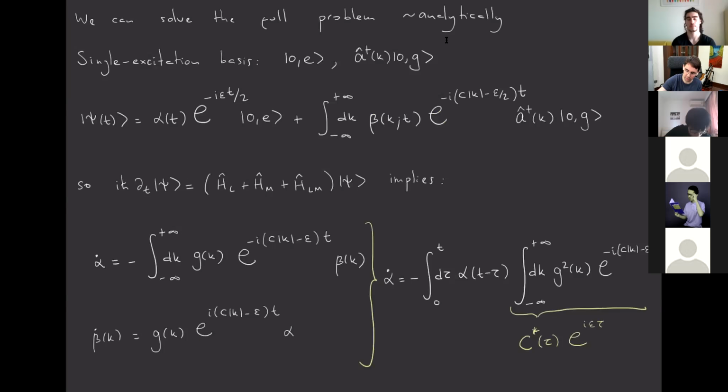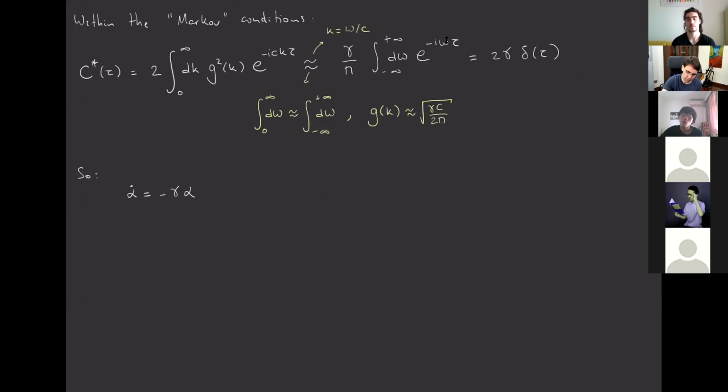Okay, so if we come here and I tell you that C is just the delta function of tau, then you remove the integration over tau and you just get minus whatever coefficients are in C and then alpha of t. Okay, so automatically this means that alpha of t is equal to alpha of 0 e to the minus gamma t. And in particular, alpha of 0 is 1.